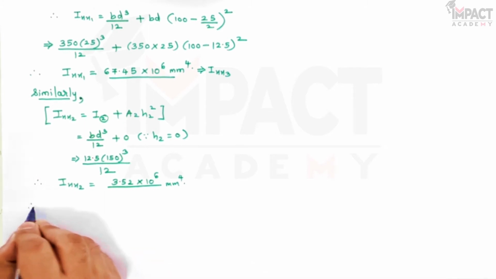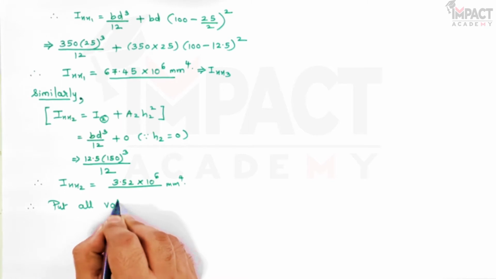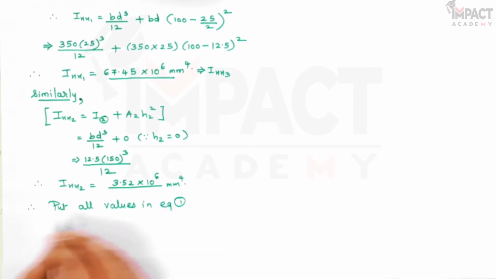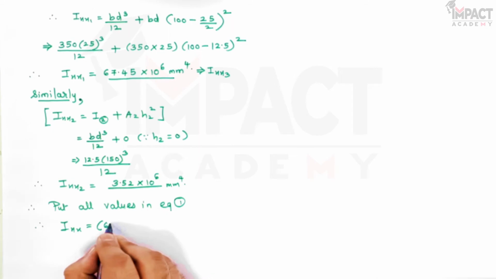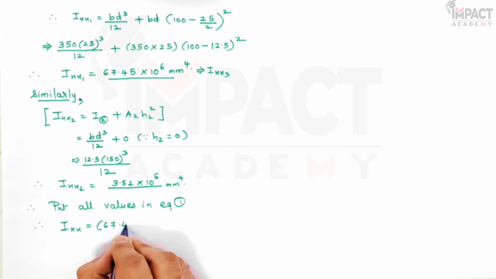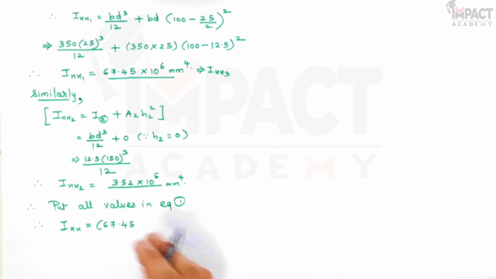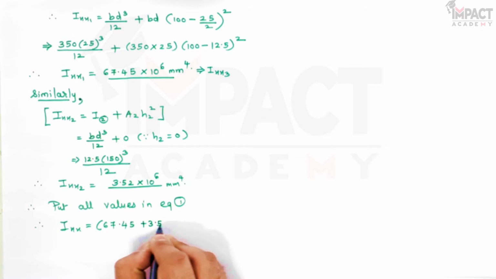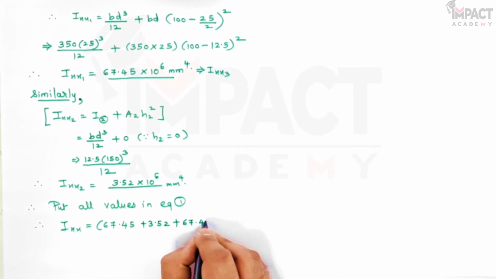So therefore, put all values in equation first. In equation first we have Ixx equal to Ixx1, 67.45, with 10 raised to 6, which I'll take as common, plus Ixx2, which is 3.52, again 10 raised to 6 taken common, and Ixx3 is the same as Ixx1.